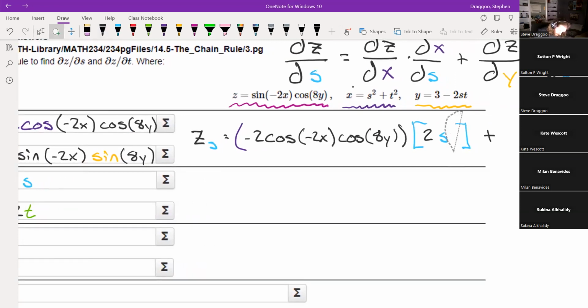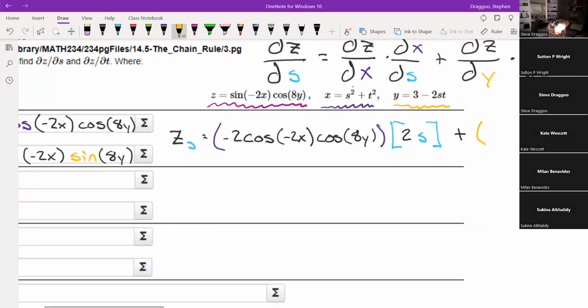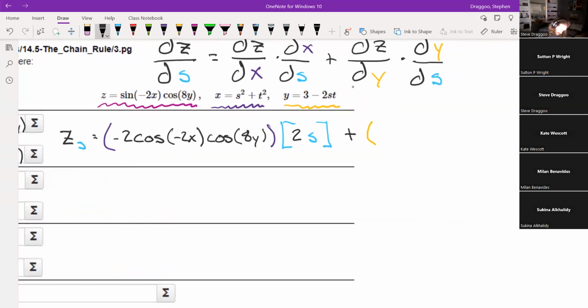Plus. And if you've struggled on this WebWork problem for hours at a time, you are probably ready to point something out to me. Don't worry, I'll catch that in a second. But I want to add into this thing a little bit of color because I wanted that in purple. That's my x partial. I need to add in my y partial, which is going to be off screen, but we'll deal with that at the end.